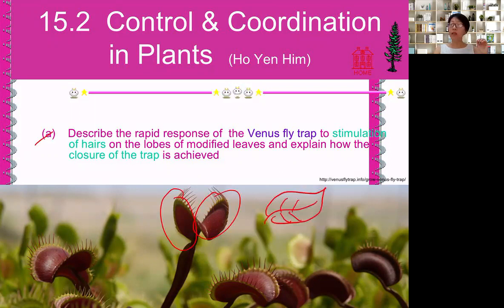But for the Venus flytrap, the leaf has been specialized in its structure so that it is used to trap insects, just like flowers are actually specialized leaves that form petals to attract insects. So they are specialized leaves which form lobes in order to trap insects, and how the closure of the trap is achieved. We're going to look at this very interesting process of the Venus flytrap.